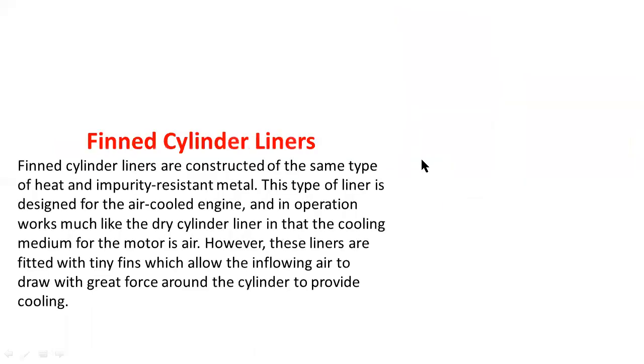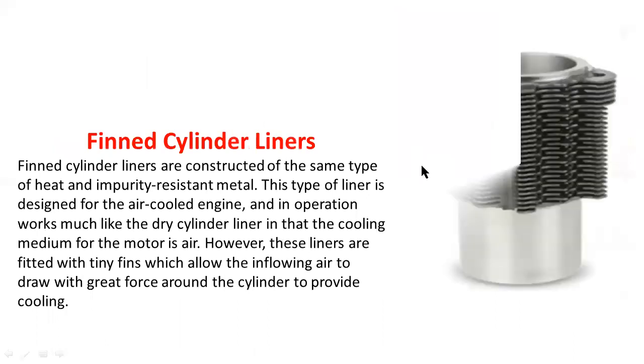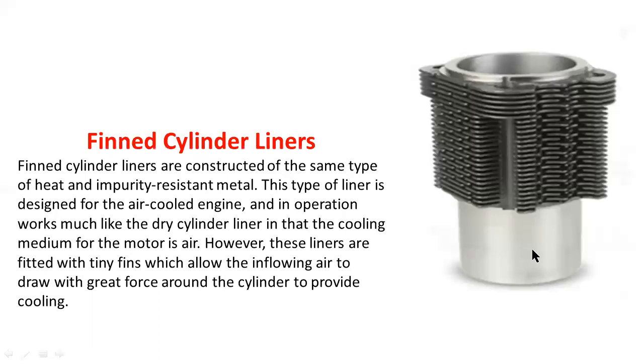This is the last type of cylinder liner, that is the finned cylinder liners. Here the outside of the liner consists of cooling fins. Finned cylinder liners are constructed of the same type of heat and impurity resistant metal.